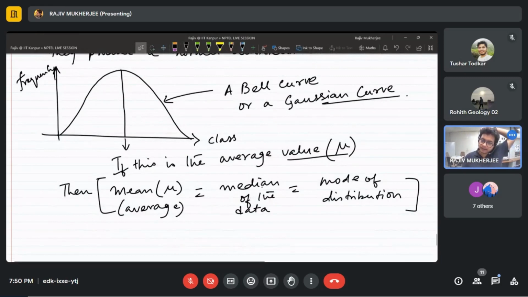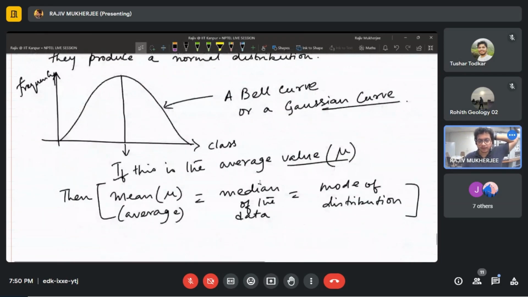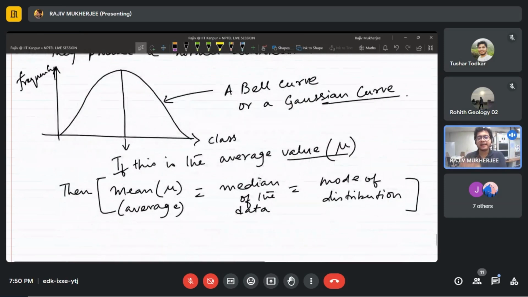And since the mean, the median, and the mode of this kind of distribution is only the single point, the same value is the mode, the median, and the mean as well.